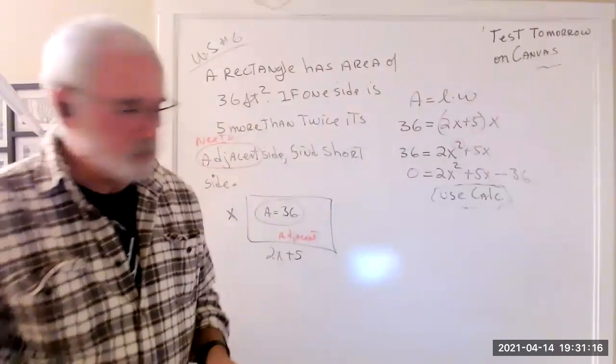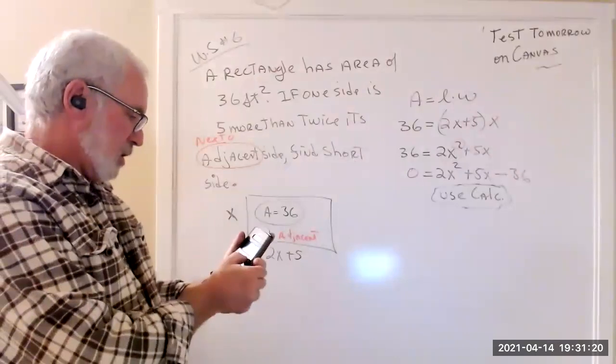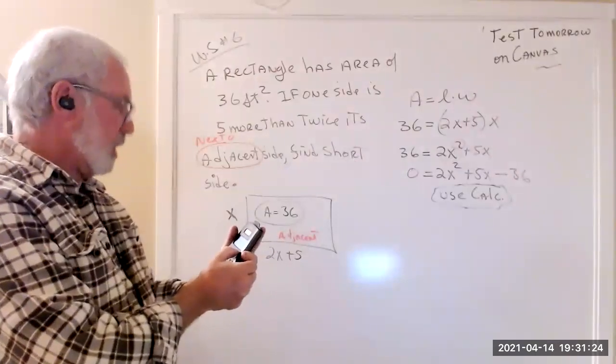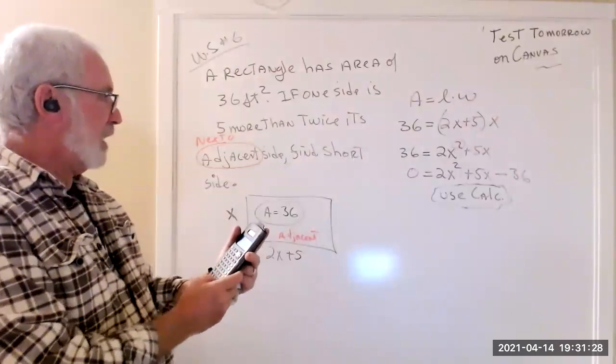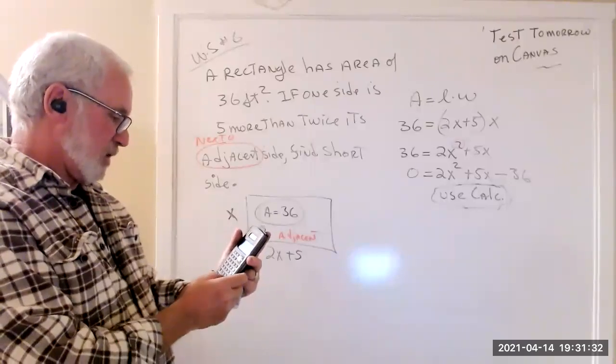So if I use my calc, what do I get? Turn it on. A is 2, B is 5, C is negative 36.